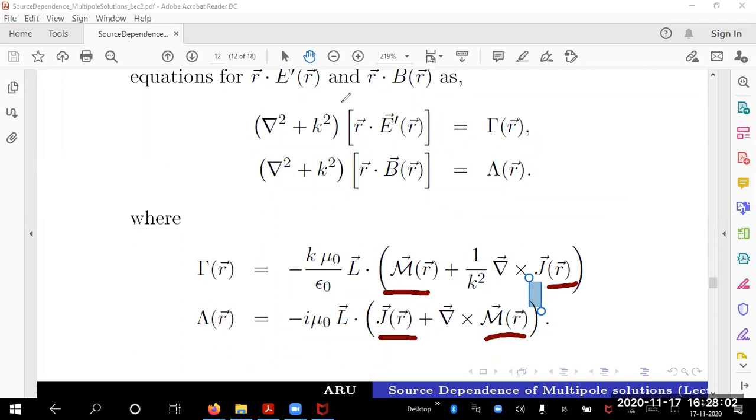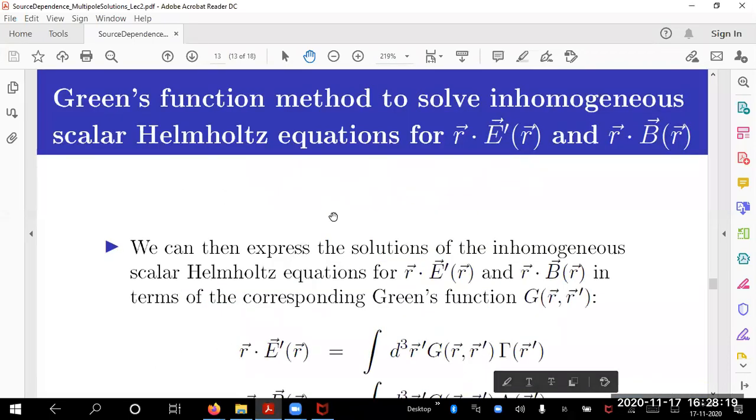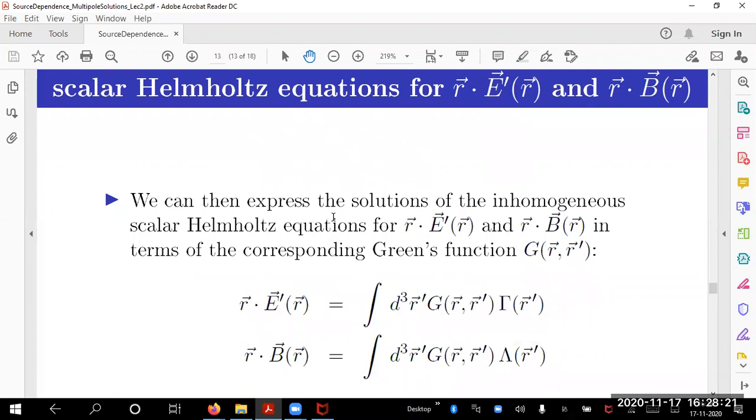This can be derived if you simplify it and keep on solving for 1 hour, but we don't want you to solve for 1 hour. Just memorize it if possible. Otherwise, say it is only a function of r. Then what I will tell you is, I want to solve these equations. Means what we say is r dot E prime.